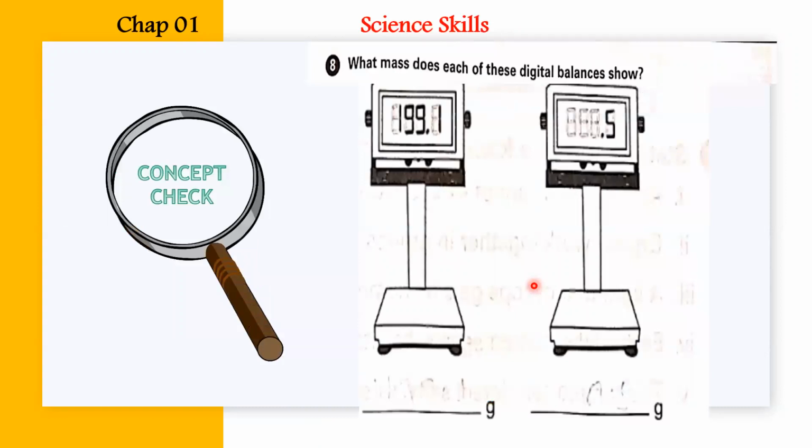Okay, now come towards this scale. What mass does each of these digital balances show? Page 7 and 8. What is the mass given in such digital balances? 199.1.